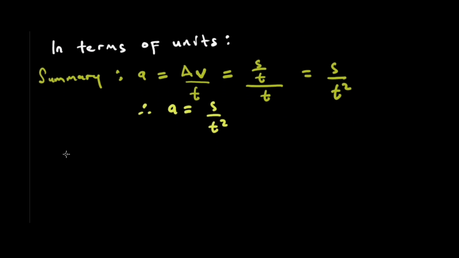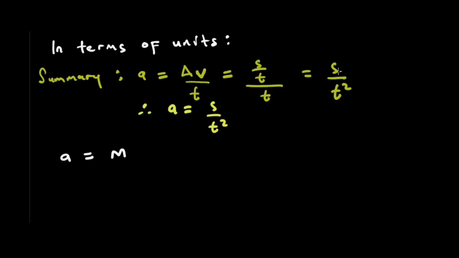What we are doing here is saying a is equal to s over t squared, in terms of units. Remember we said s is displacement, but displacement is similar to distance, and distance is also related to length, meaning the unit of s is meters. Remember, the meter is the standard international unit of length.